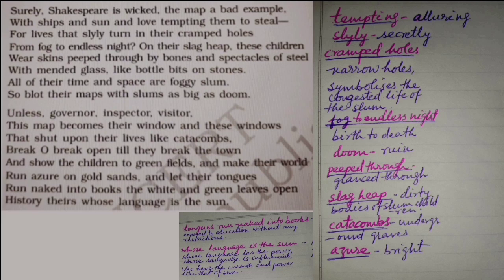The poet says that the pictures that have been put on the walls of the classroom, the pictures having ships, sun, they all tempt these slum children to live such a luxurious and prosperous life like that represented by the pictures, which is beyond their reach.